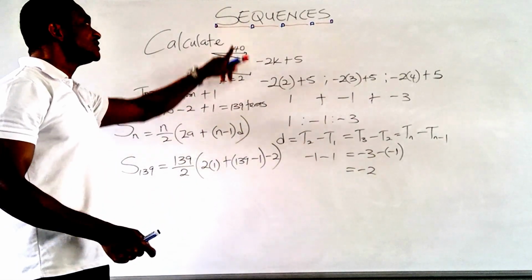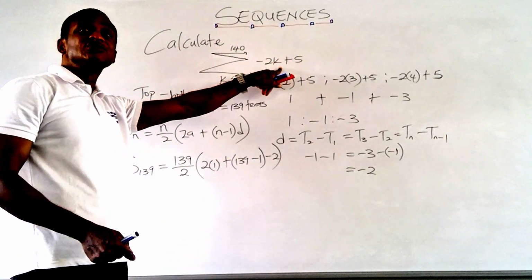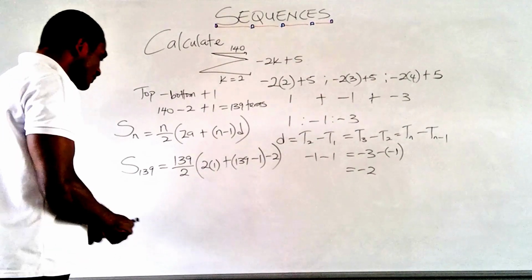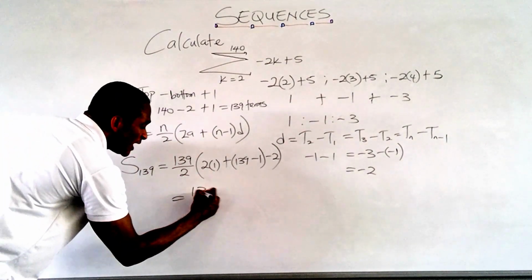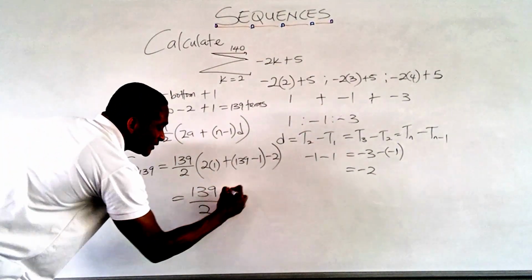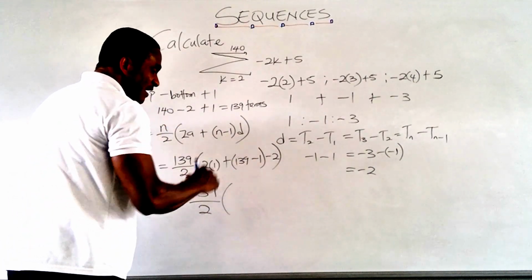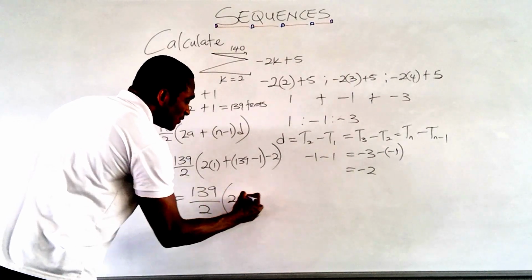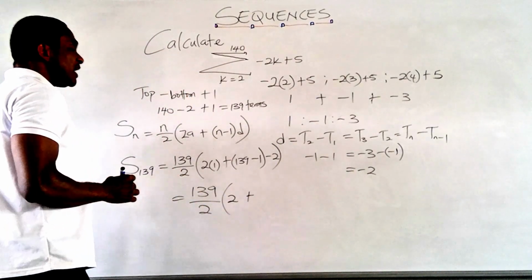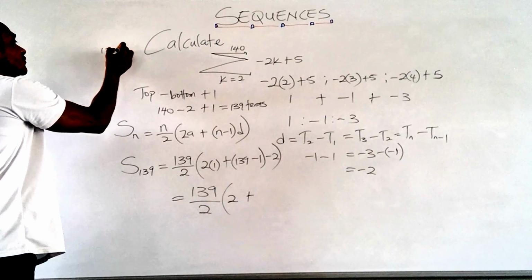Remember, starting point, ending point, general solution of the expression. Now let's go on. This is 139 over 2 into 2, plus 138 times negative 2.